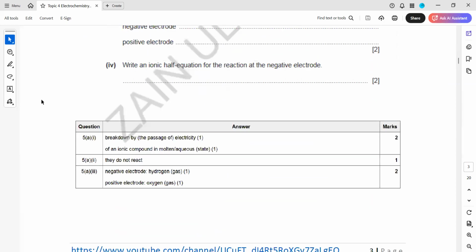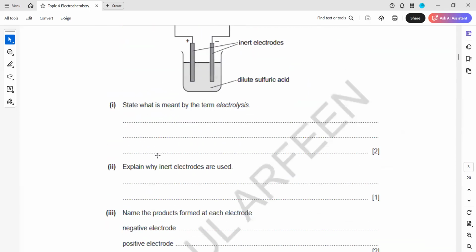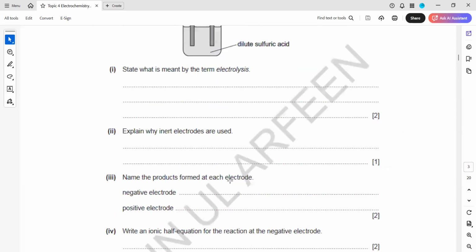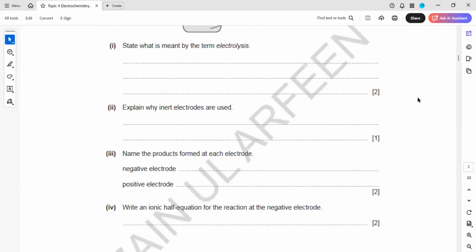Your answer can be in detail, but the main point should be that they do not react with the electrolyte, or during electrolysis. Sir, I was about to write they are inert as well as they can conduct electricity. Will I still get the marks?